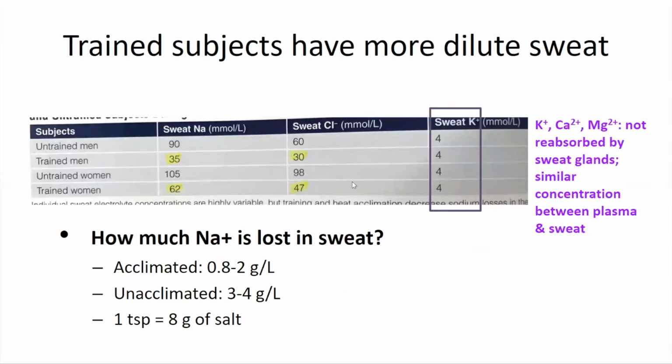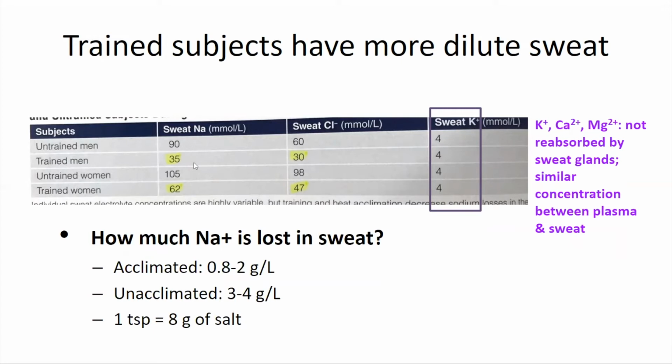So this figure is from your book, and it shows that in untrained men and women, their sweat composition of sodium chloride is higher. So with acclimation or with training, they sweat more dilute sweat.